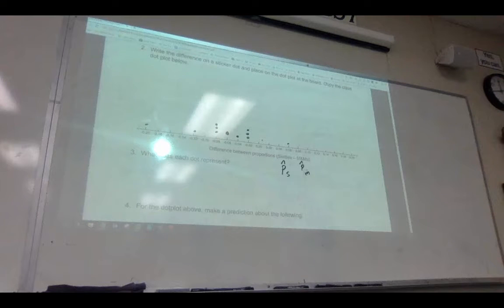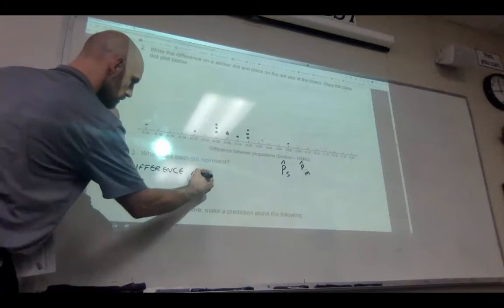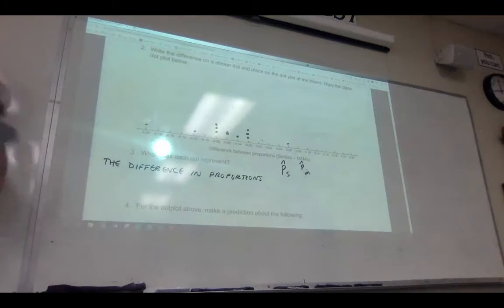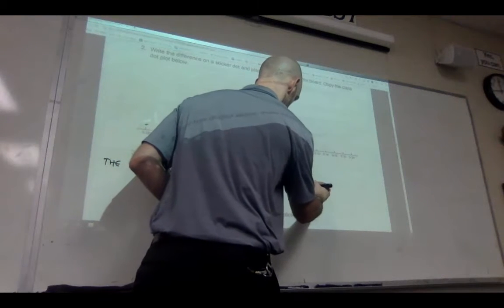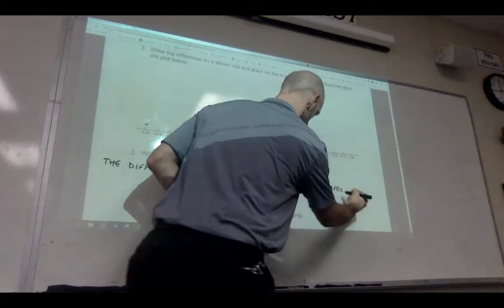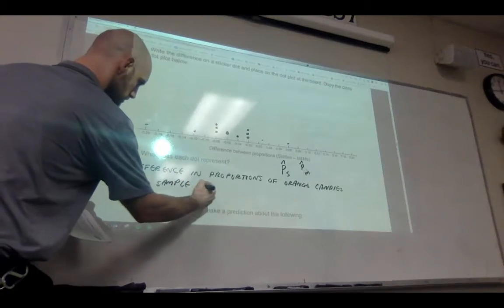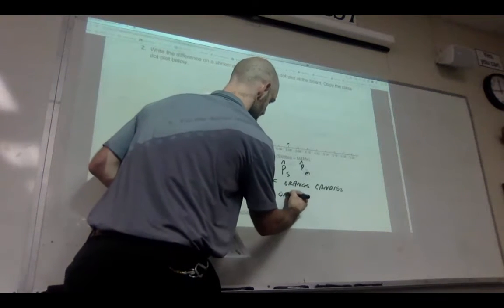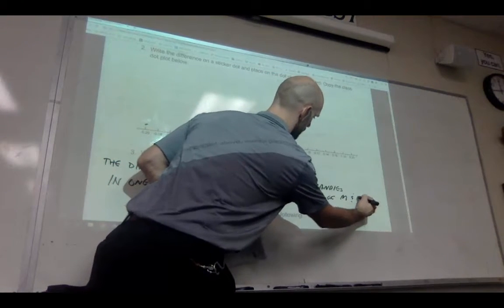So one dot represents the difference in proportions of orange candies in one sample of Skittles and one sample of M&Ms.